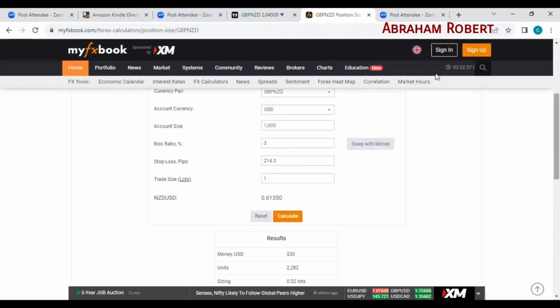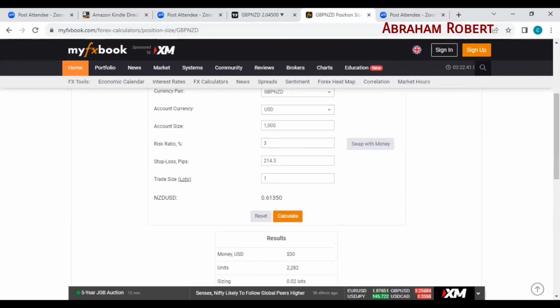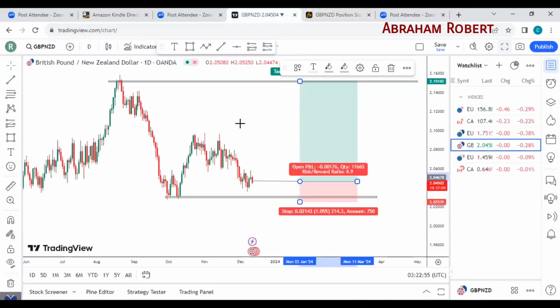Now you go into your MT4 and make your entry.